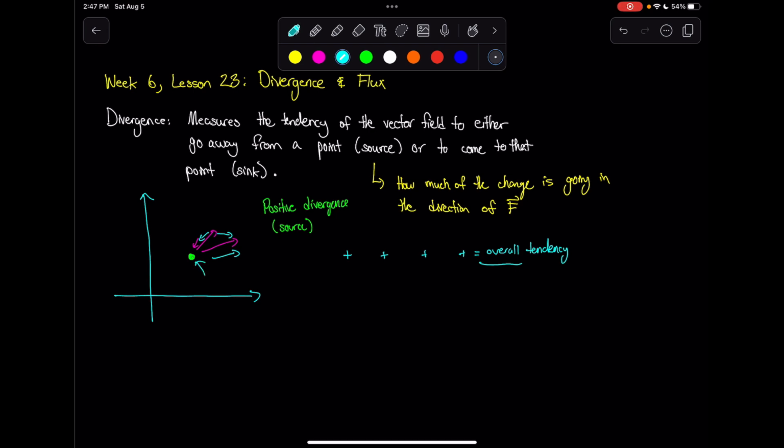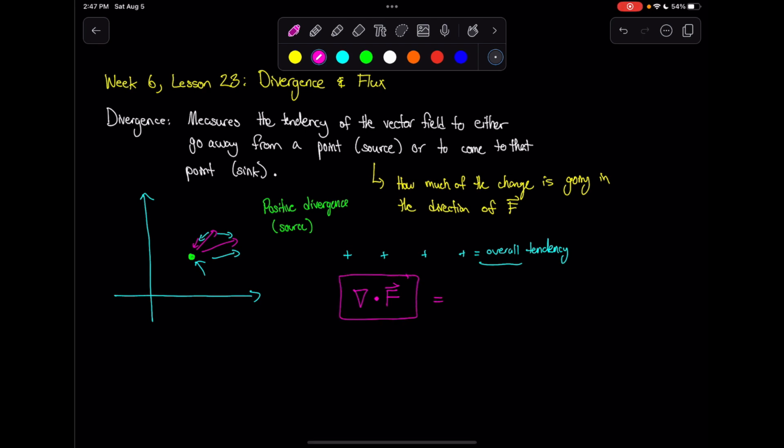And very similarly to curl, the way that we calculate this is, well, last time I checked, if we want to evaluate the amount of change going in the direction of a vector field, we could use this formula right here.